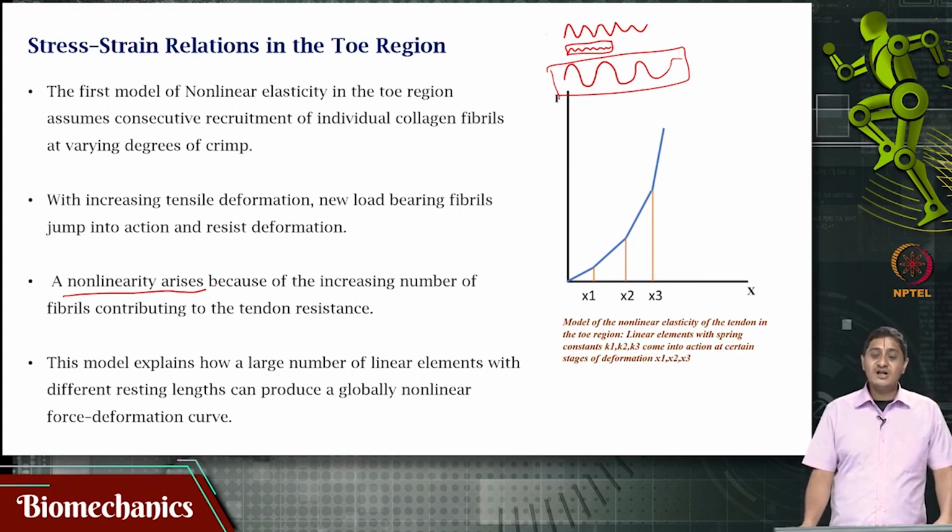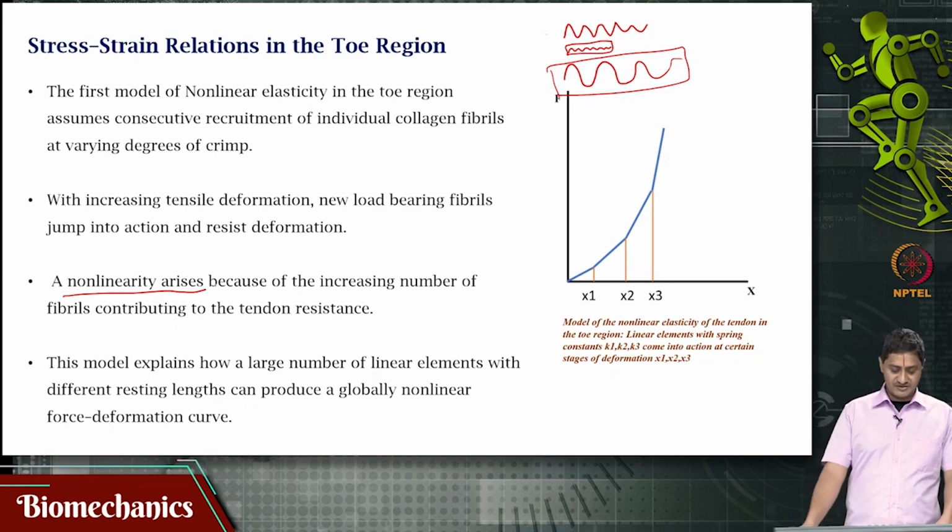As you combine a very large number of linear elements, you might give rise to a global non-linear behavior in the whole tendon. Okay. This explains how a very large number of linear elements with differing resting lengths can produce a global non-linear behavior, right.